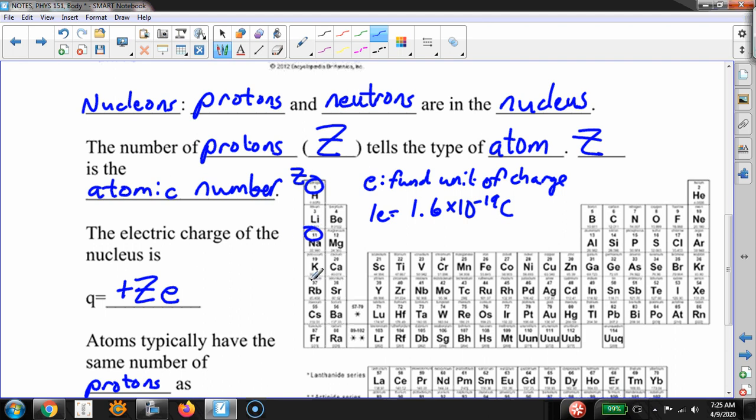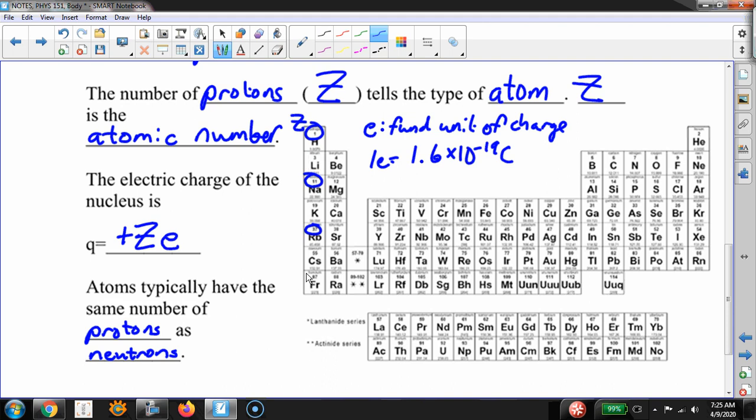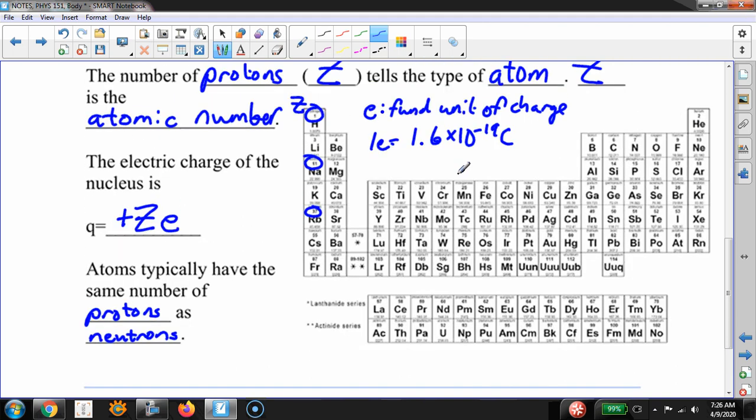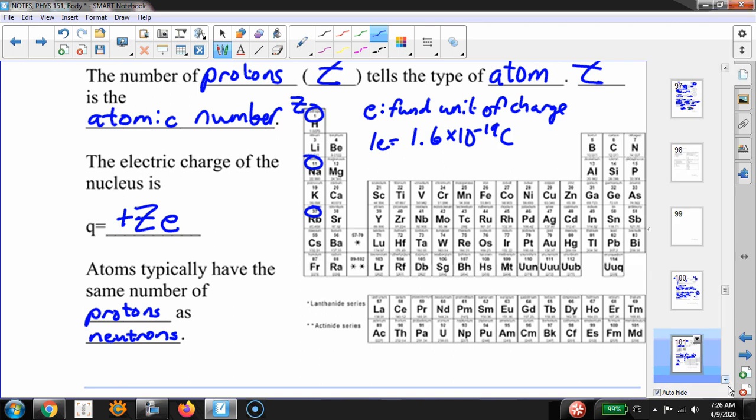Sodium has 11 protons. What's this? Rubidium, I think, 37, has 37 protons. So the number of protons is given by the atomic number, which is on the periodic table. You, by the way, have a periodic table in the back of your book, and you'll need one for the quizzes and exams on this chapter.